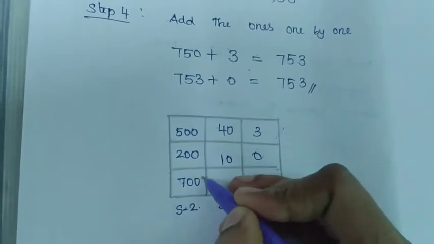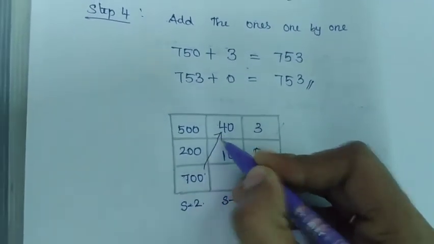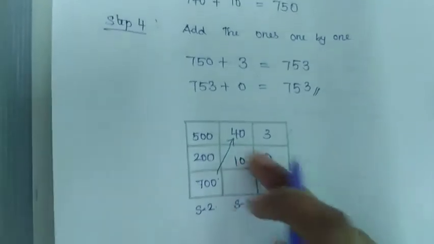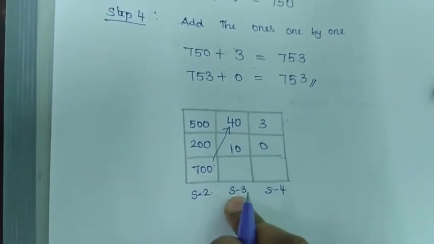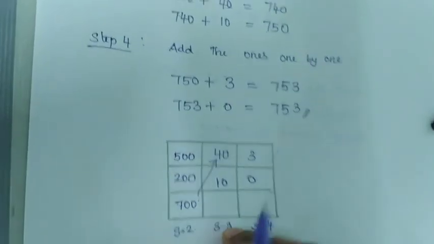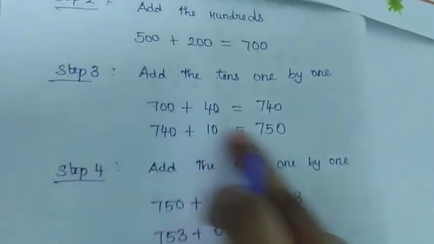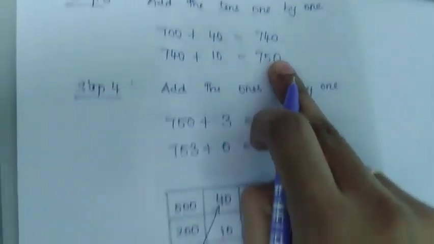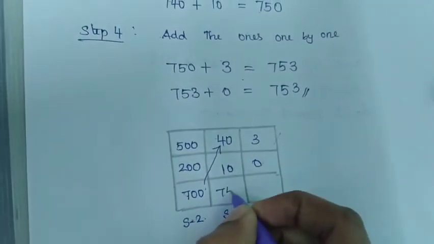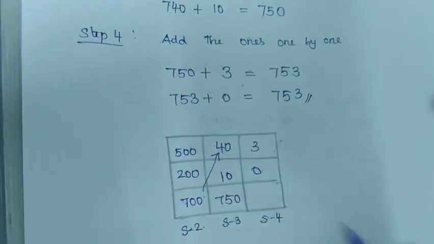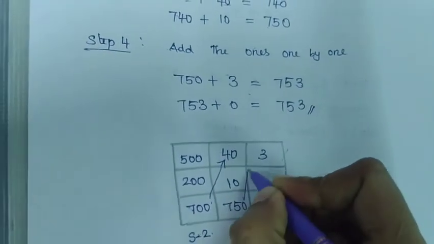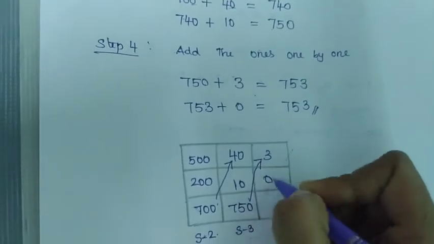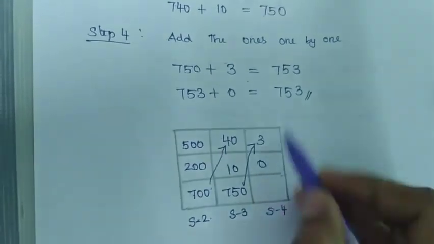Now we want to add the 700 to 40, isn't it? So now we want to write the step 3 final answer. Step 3 final answer what? 750. So put 750 here. Now we want to add the 750 to these 2 numbers. Now what is the final answer?